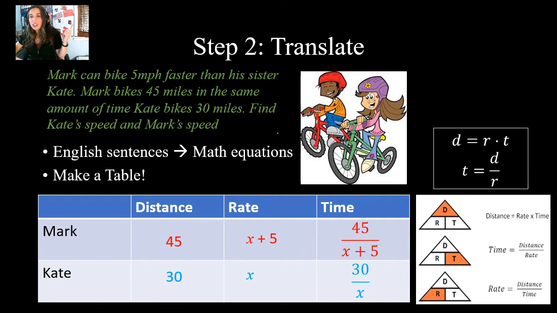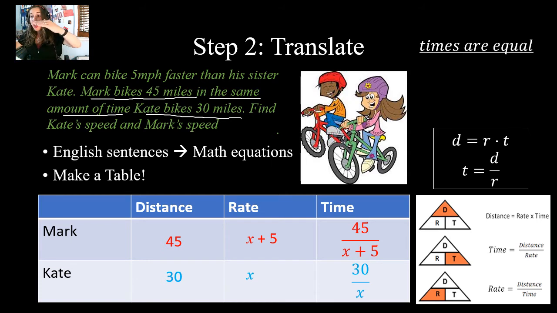And why did I do that? Because this is going to give us the equation that we need in order to solve this problem. Because we know something here. We know that Mark can bike 45 miles in the same amount of time that Kate bikes 30 miles. That means that the times are equal.